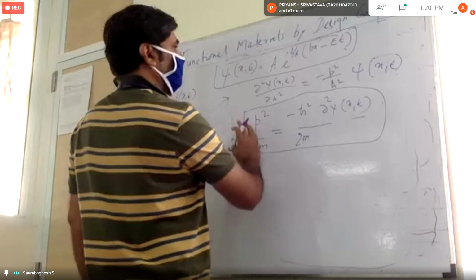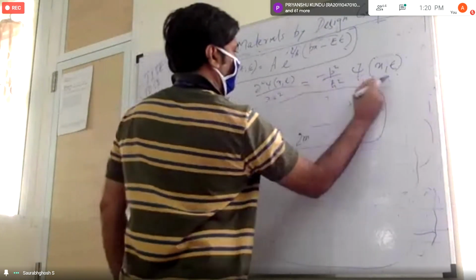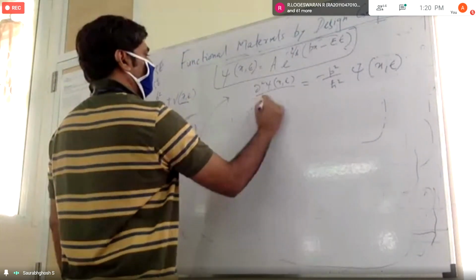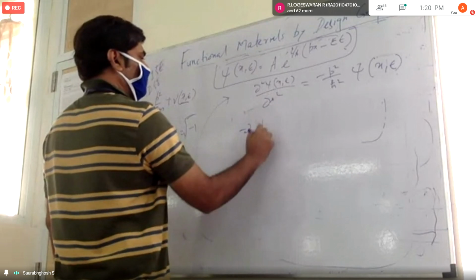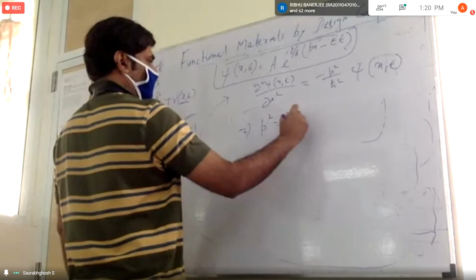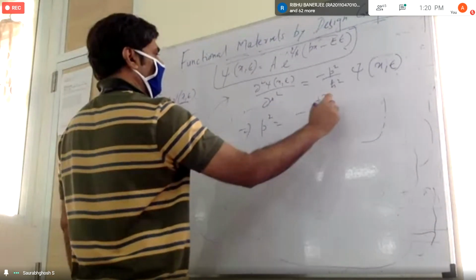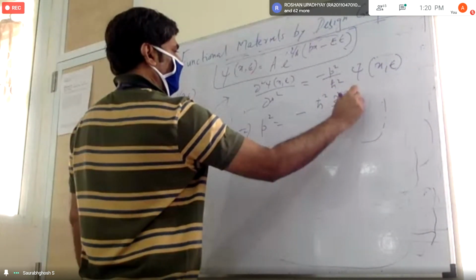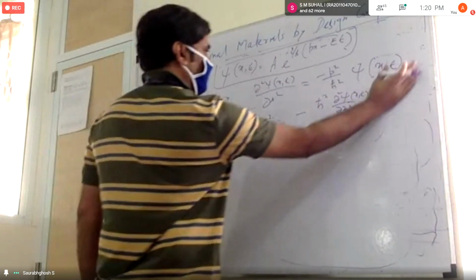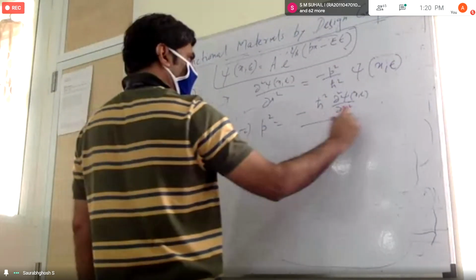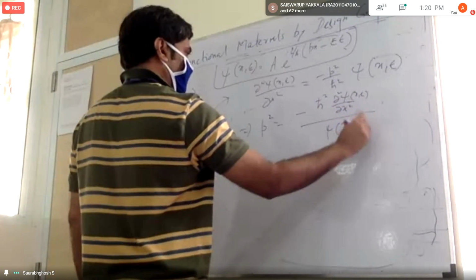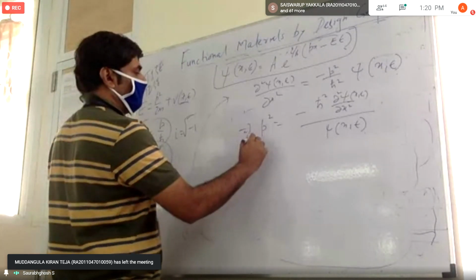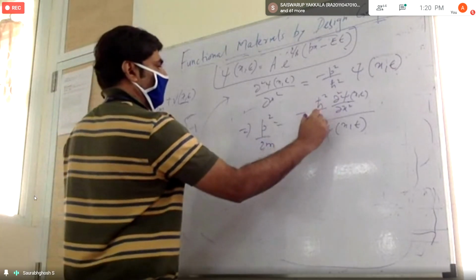Okay. P square, there's a mistake here. Your p square is equal to minus h cut square del square psi(x,t) by del x square, divided by psi of x,t. Now we divide this term by 2m.